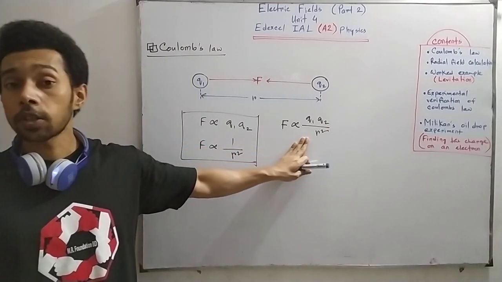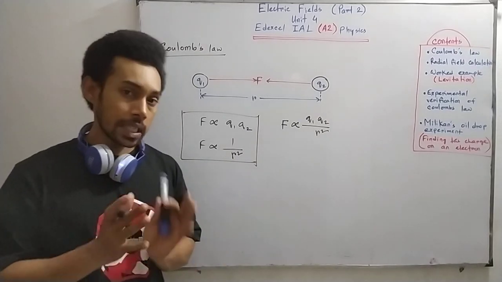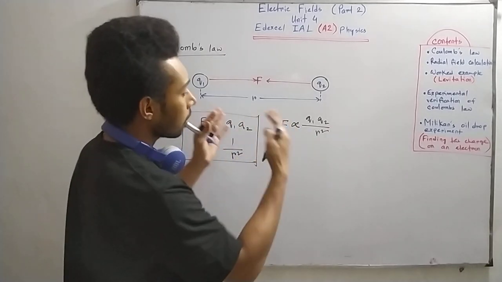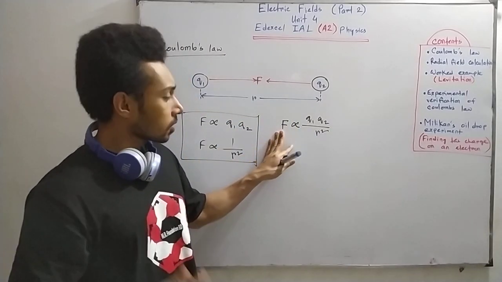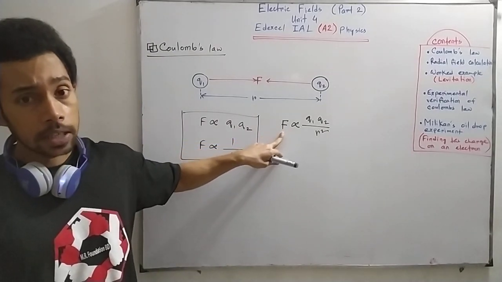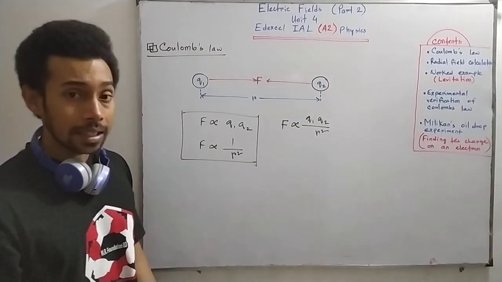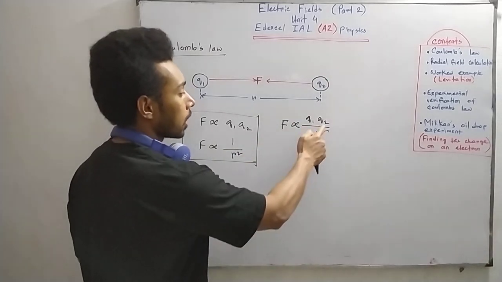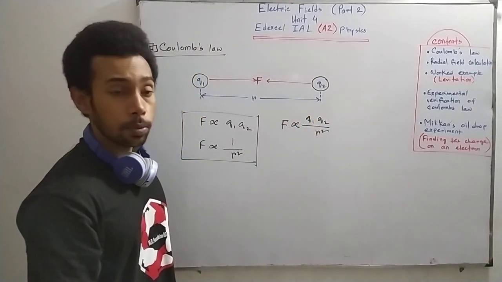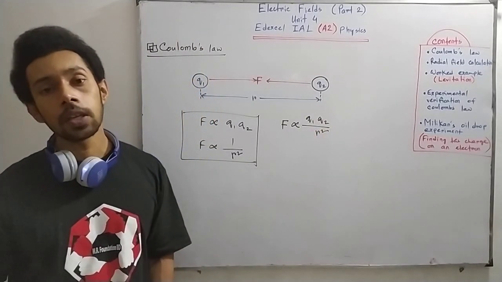Okay, so what does Coulomb's law state? Coulomb's law states that the force of attraction or repulsion, or specifically the electrostatic force of attraction or repulsion, is directly proportional to the product of the charges and inversely proportional to the square of the separation between them.